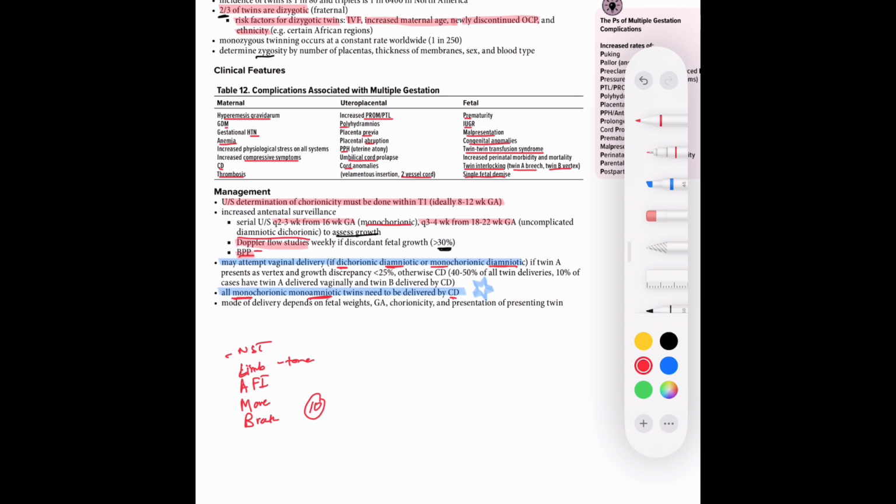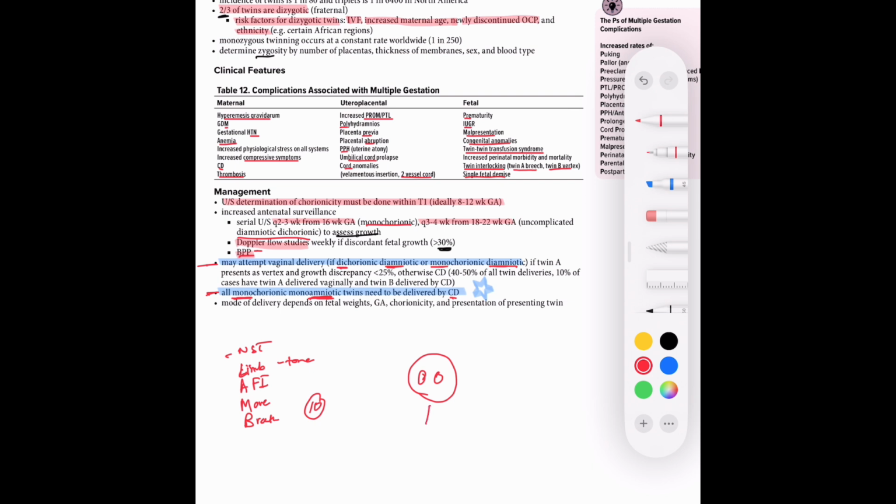Right, moving forward, we're going to look at how we would deliver the babies. It could be vaginal or cesarean. So we have to look at the amnioticity. I'm not even sure if that's a word, but if they are monoamniotic, which means both of the babies are in the same amniotic sac, then we cannot go for vaginal delivery.